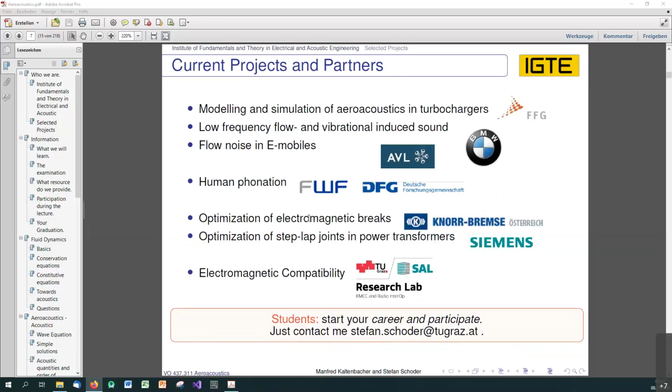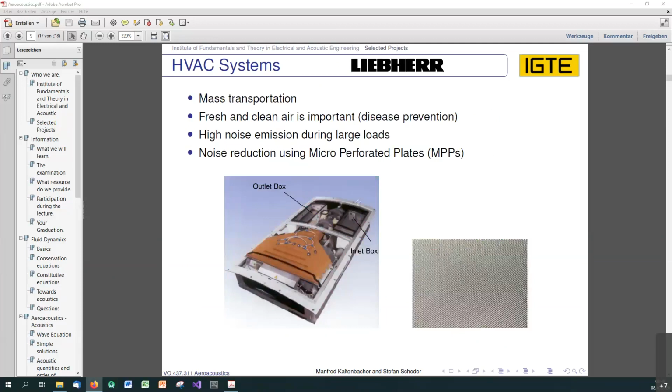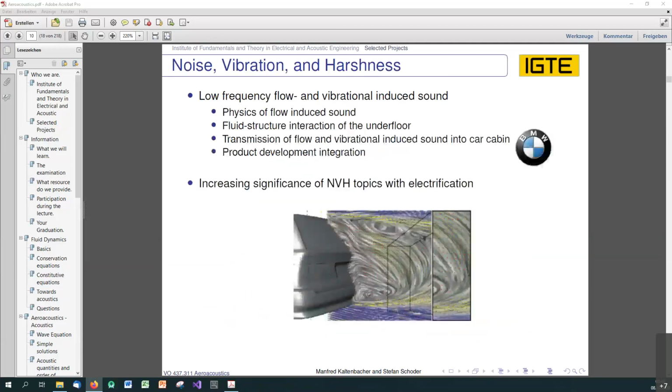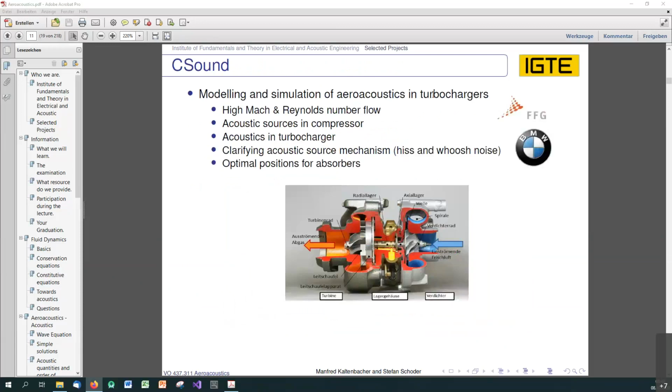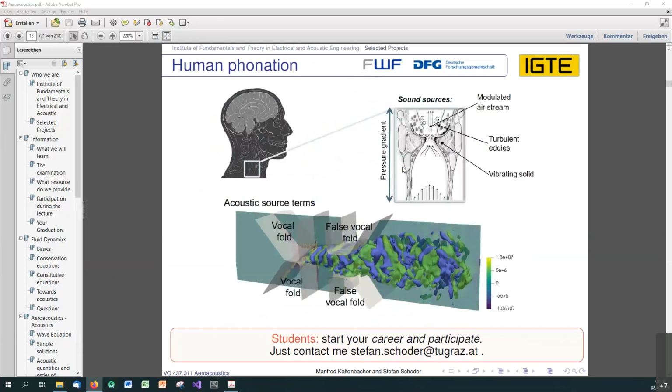If you would like to go in depth for some specific project, we can do this now. So any suggestions? I have available a little bit on HVAC topics like cooling of battery systems, then how we mitigate noise there, then NVH topics like car frame noise, and then the turbocharger modeling and what we do there with the aeroacoustics, some sound source localization, or human phonation.